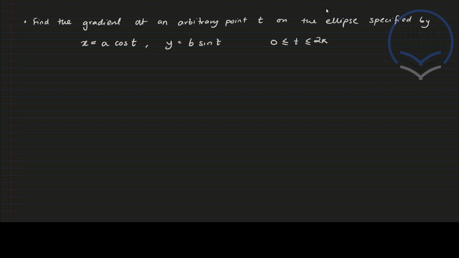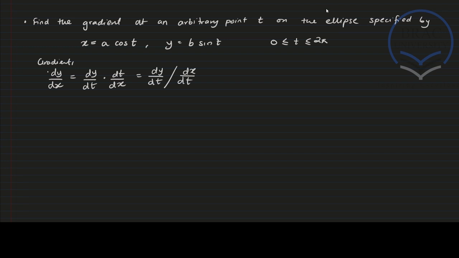So we're going to find the gradient, and as we already know, the gradient is specified as dy by dx, and using the chain rule we can define it as dy by dt multiplied by dt by dx, and then write it like this, dy by dt divided by dx by dt.